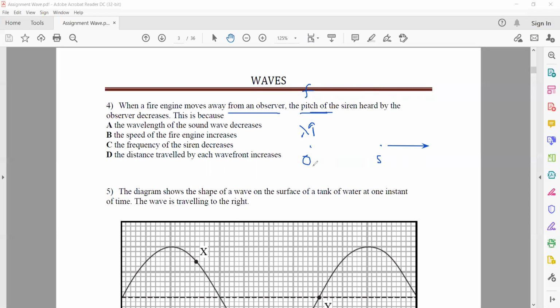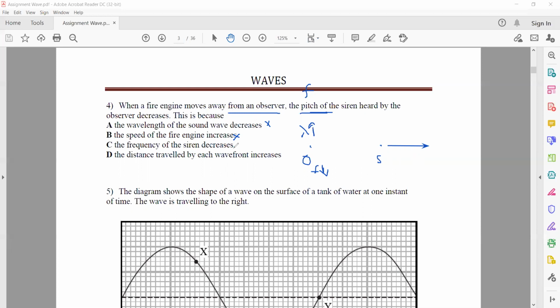For the pitch of a siren, the wavelength increases and the frequency decreases. But what about the answer when you check the options? The wavelength of a sound wave decreases, that's wrong. The speed is not changing, they did not specify this. Now two options are there.